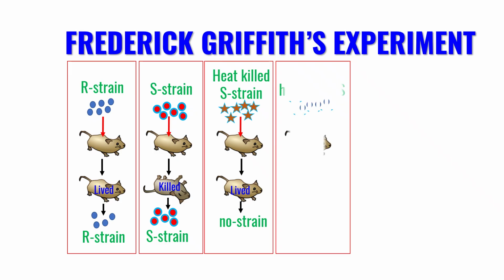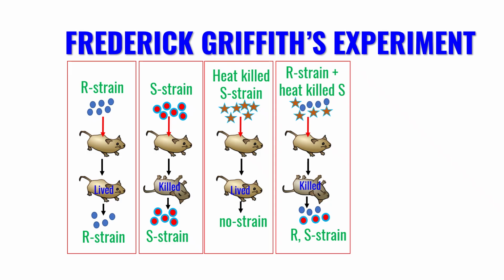In experiment number 4, he mixed R strain with heat killed S strain before injecting into mouse, and he found that the mouse was dead and he was able to isolate both R and S strain. So this was the first experiment suggesting transformation of R strain into S strain in biological science.